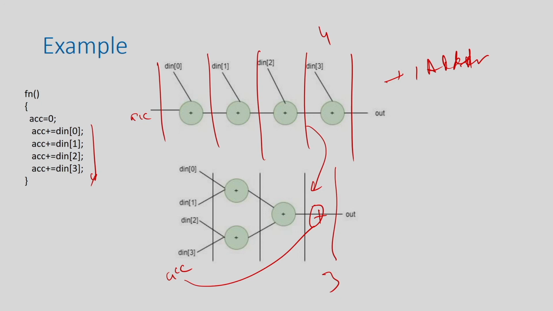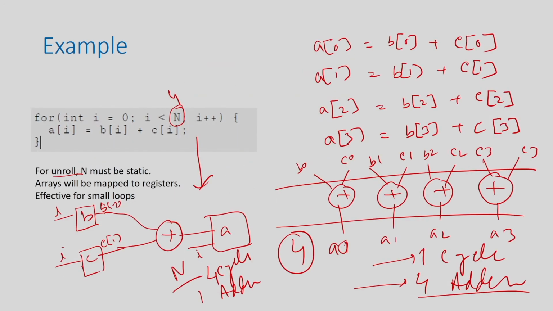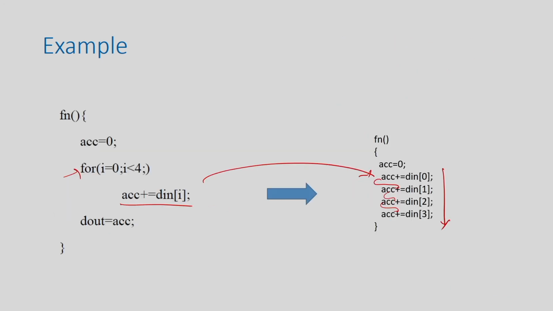But if the loop is small and there is no dependency among the operations in different iterations, then unrolling gives you the maximum benefit. But as I showed in this example, if there is a loop carried dependency, unrolling may not be that helpful. Okay. I will now move to the middle path, what is called partial unrolling.